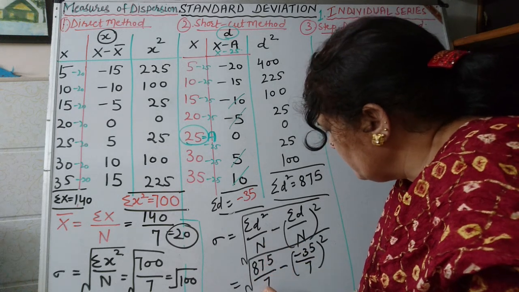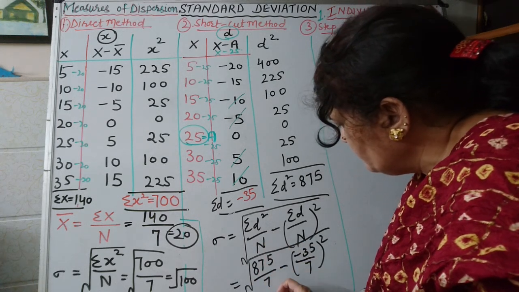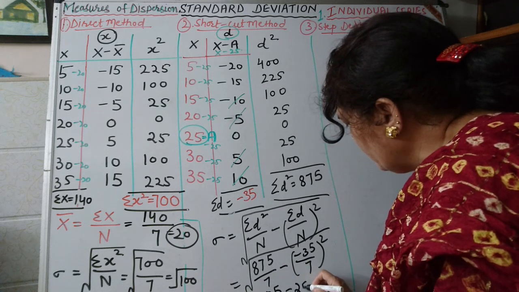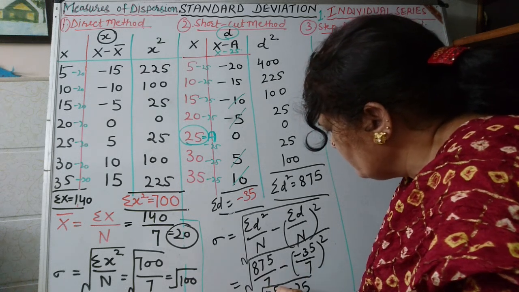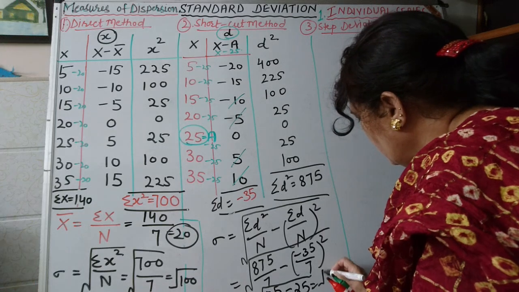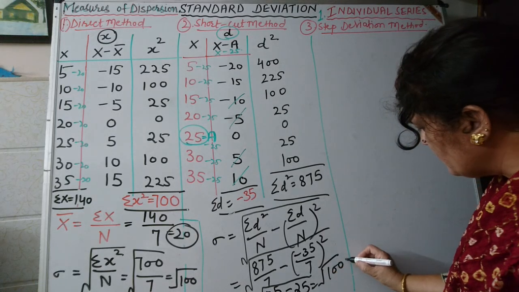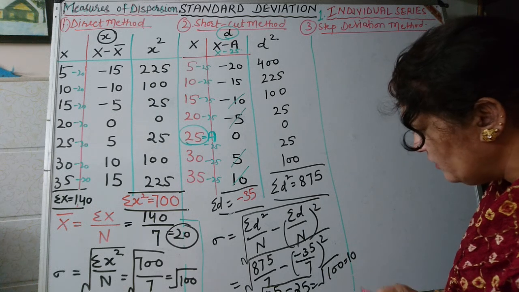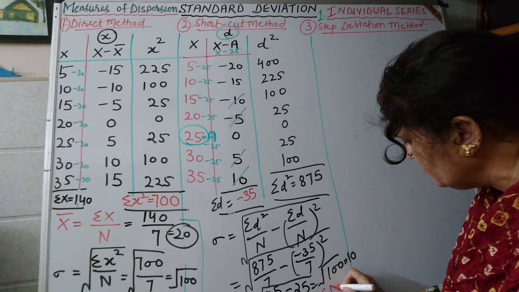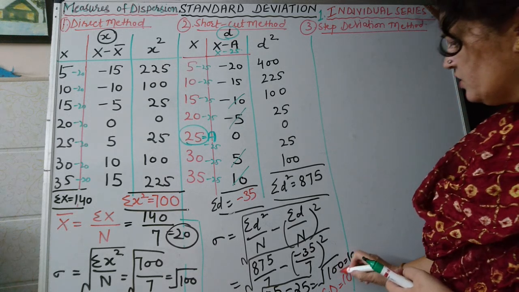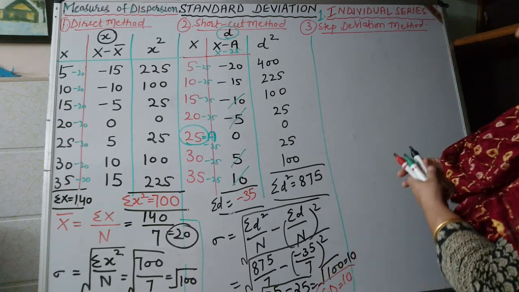The calculations will be equivalent to under root of 125 minus 25, it means under root 100, which is equivalent to 10. The value of standard deviation is equal to 10. Again the value of standard deviation is 10 by shortcut method.